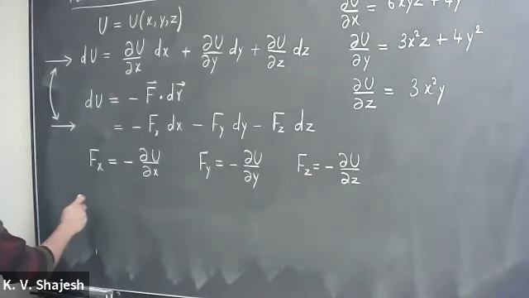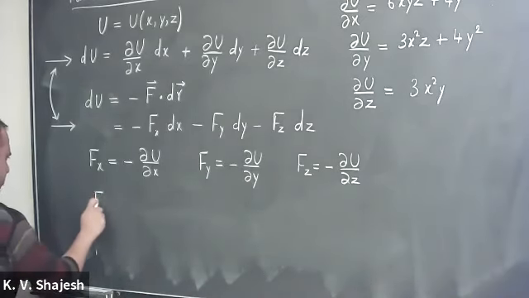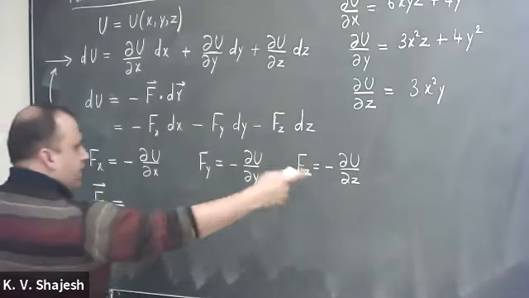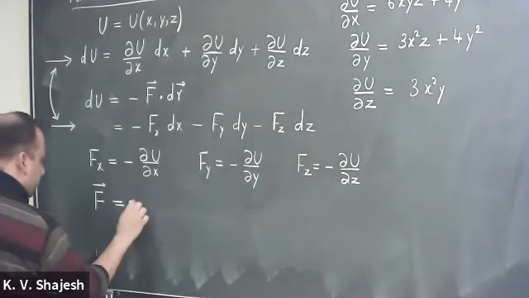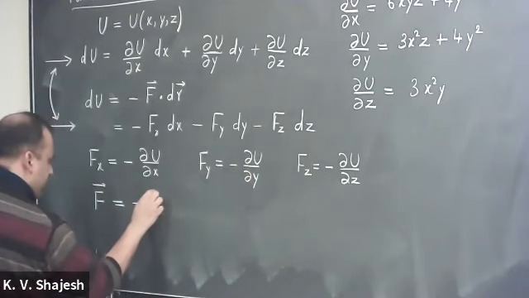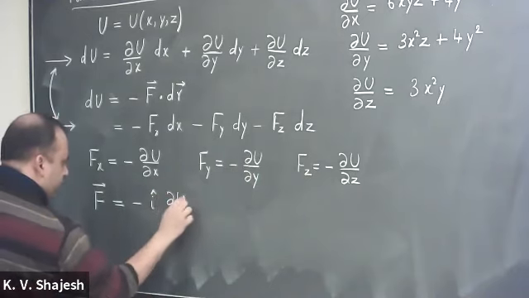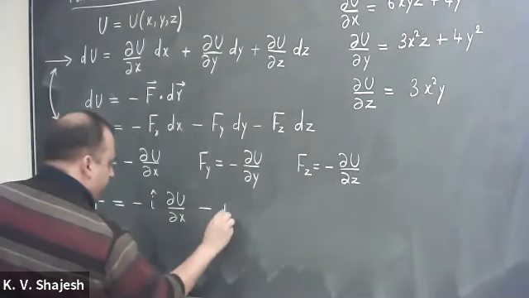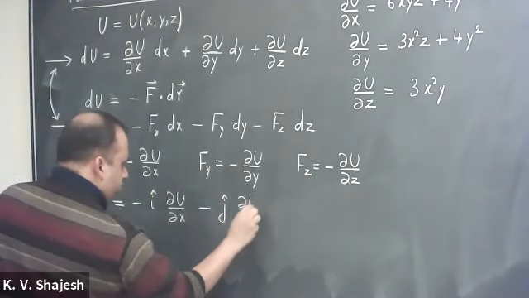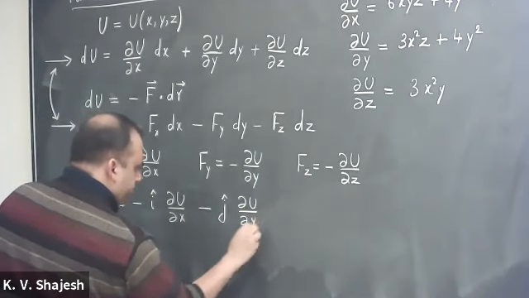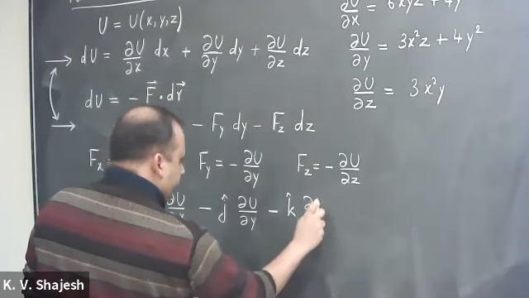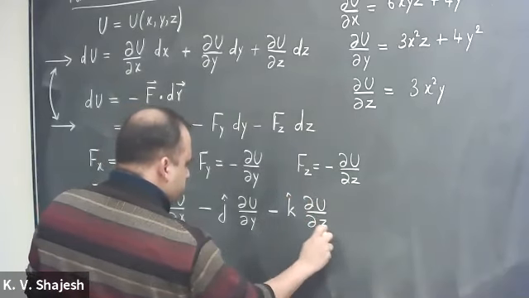So the force then can be written as, this is x, y, z component, right? So I'll say this is minus i hat partial derivative of u with respect to x, minus j hat partial derivative of u with respect to y, and minus k hat partial derivative of u with respect to z.